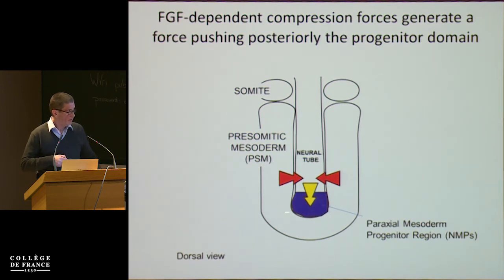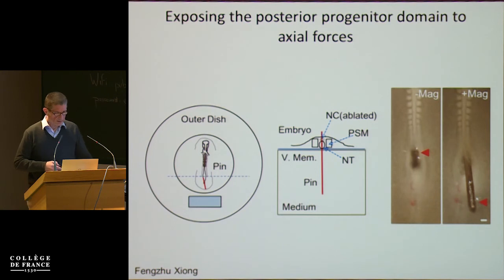that will push and lead to the posterior displacement of the regions of the progenitors, ensuring the coordination with the forming paraxial mesoderm. And so then what Fengshu did is to establish a clever design to test the role of the posterior force which pushes on the posterior domain, and see whether it also controls the immigration of cells.